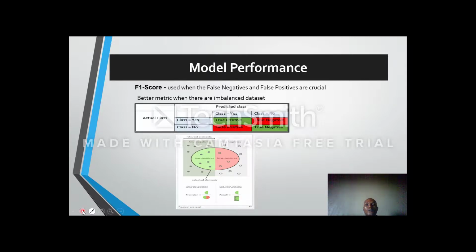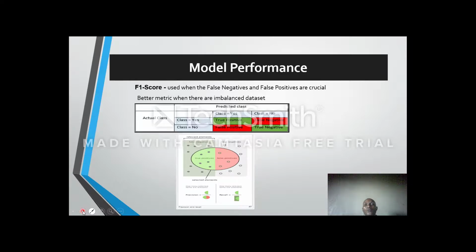F1 score is also used. F1 score is used when false negatives and false positives are crucial. In this fraud case, you will not want a case where you say a particular transaction is not fraud and it is later found to be fraud. And also you will not want a case where you call a transaction fraud and it is later found not to be fraud.